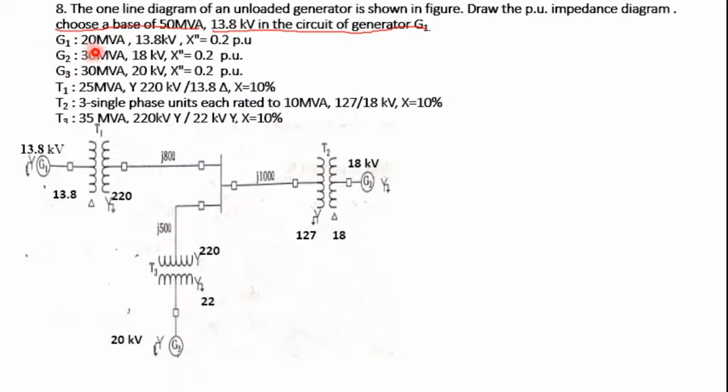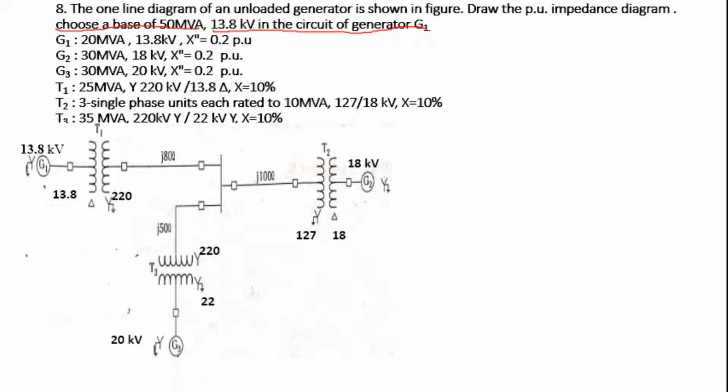Then G1 is 20 MVA, 13.8 kV, subtransient reactance of 0.2 per unit. G2 is 30 MVA, 18 kV, subtransient reactance of 0.2. G3 is 30 MVA, 20 kV, subtransient reactance of 0.2 per unit. T1, the transformer, has 25 MVA, star connected is 220 kV, delta connected is 13.8 kV, reactance of 10%.